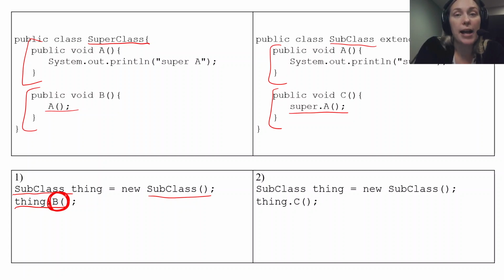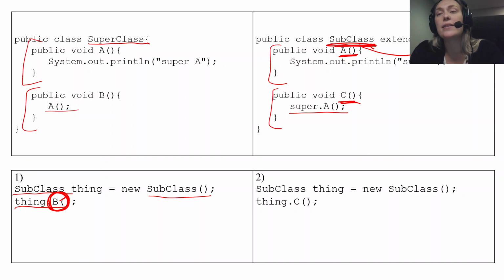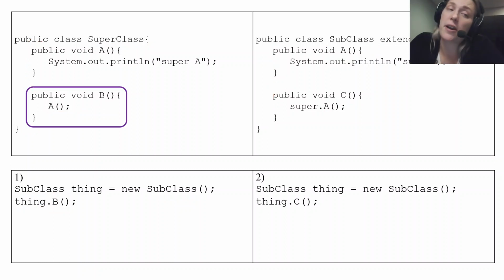Thing is a subclass. So I go to subclass and I look for the B method and I don't find it. But because I'm working with inheritance, I go to superclass and I look for my B method and I find it. Okay? I find it right there. That is my B method that I'm going to run through inheritance.